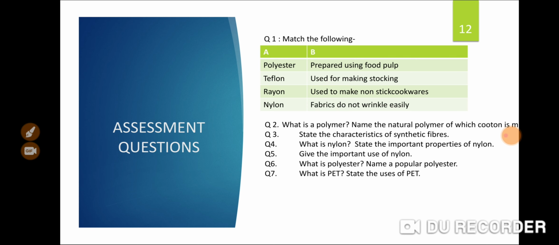Now we will read all the descriptions given in column B: prepared using wood pulp, used for making stockings, used to make non-stick cookware, fabric does not wrinkle easily. From this, we find the correct match: polyester fabrics do not wrinkle easily.